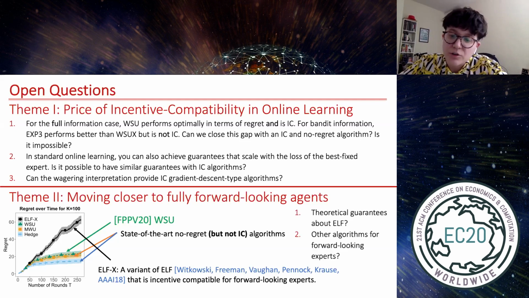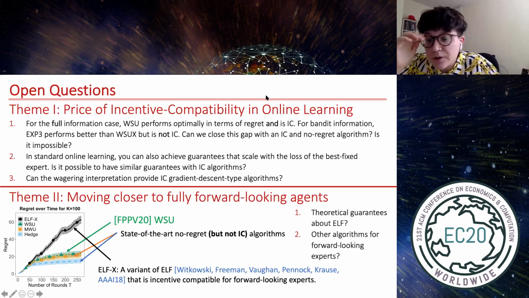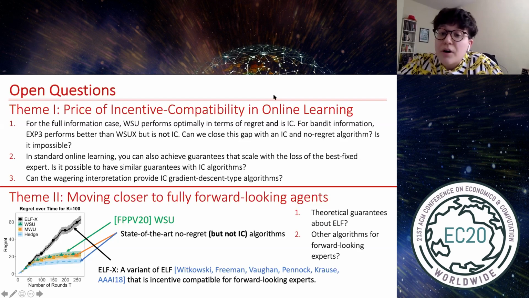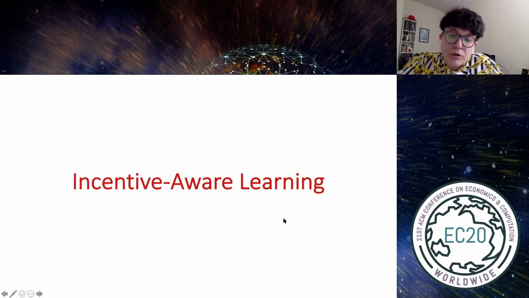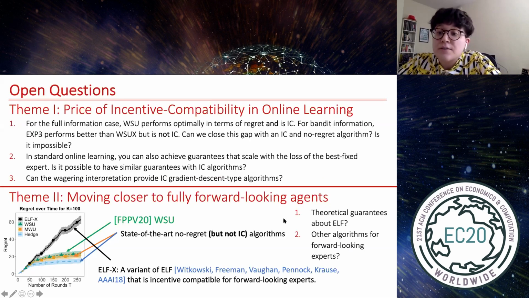So the two major questions here are whether we can actually achieve theoretical guarantees for this algorithm, and whether there are any other algorithms for forward-looking experts that I'm not aware of. And with that, I conclude the discussion on incentive-compatible machine learning.